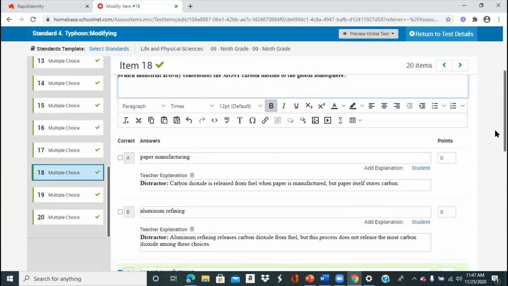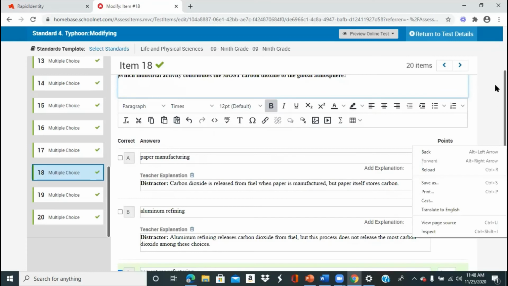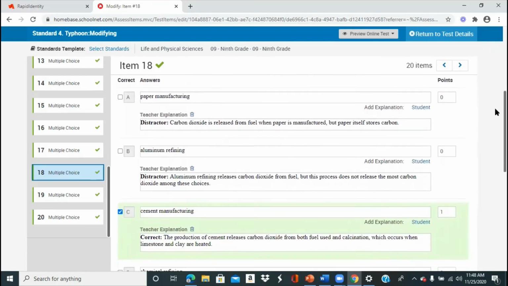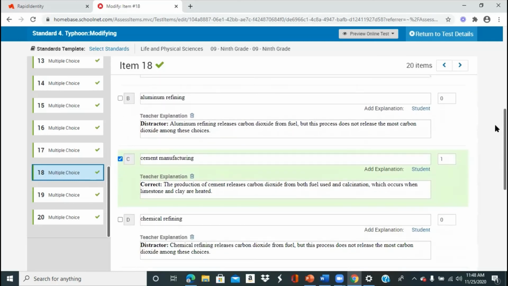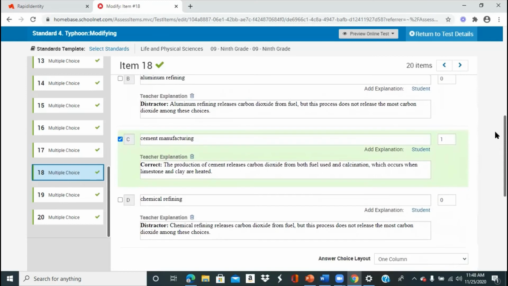Aluminum refining. Whenever we operate any machinery that makes these industries work, they always release carbon dioxide because they need fuel to make that happen. Apparently, the biggest contributor of carbon dioxide in the atmosphere is the manufacturing of cement, because this involves burning fuels to calcify the cement.